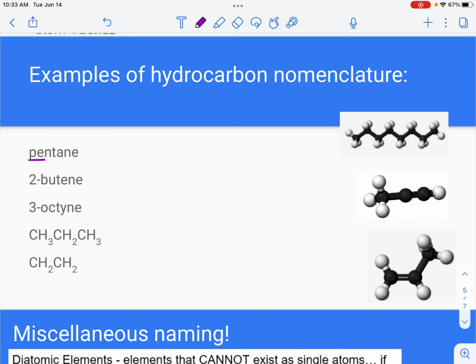If I give you the name pentane, you're going to use pent to say 5 carbons and ane to tell you single bonds. So I'm going to start by drawing this with 5 carbons. And since they're all single bonds, then I need to add enough hydrogens to the carbons to make each carbon have 4 bonds, or have its octet.